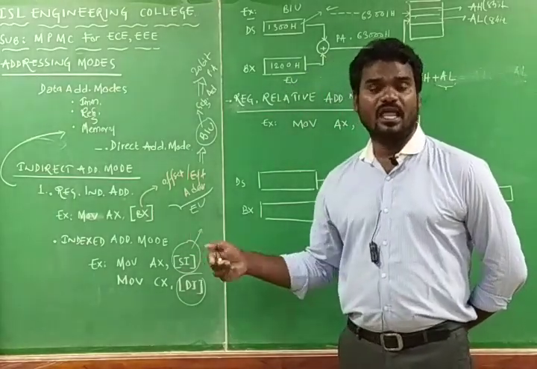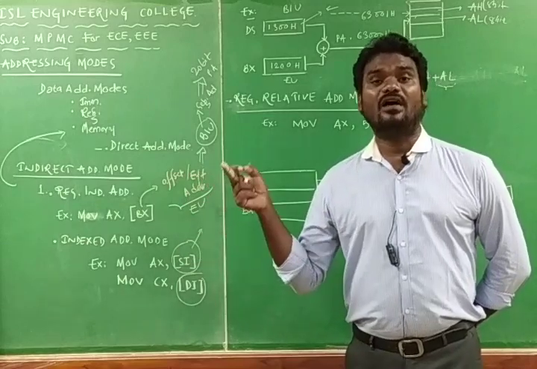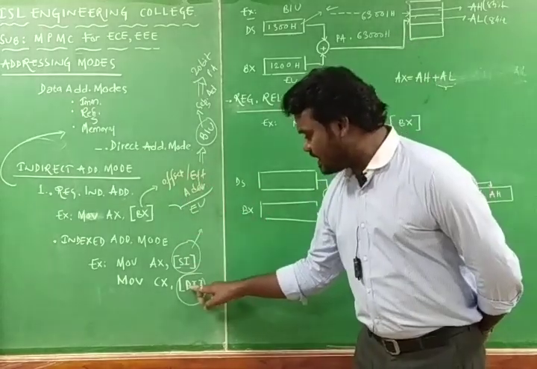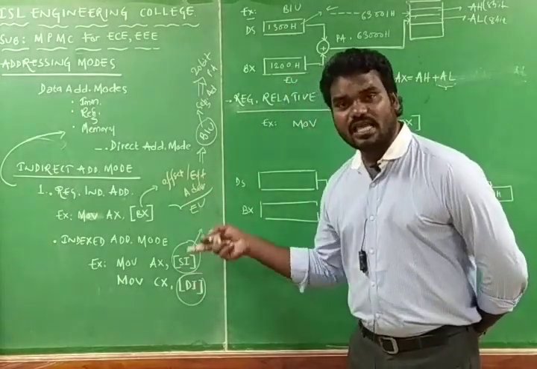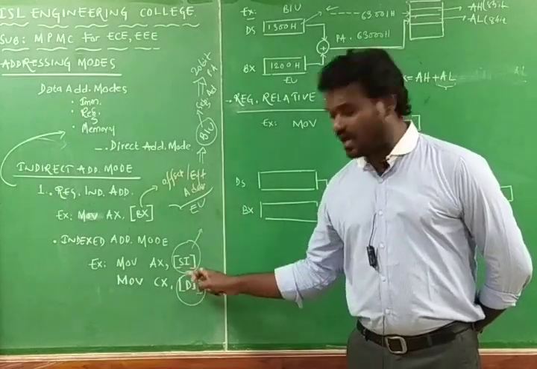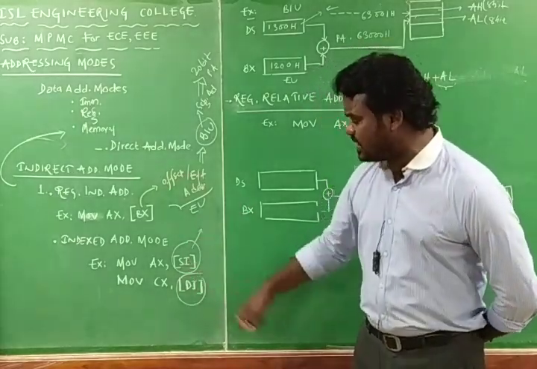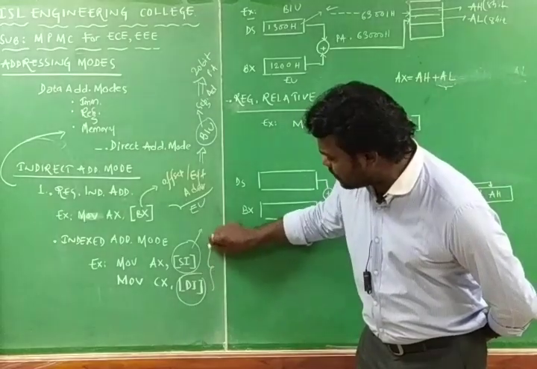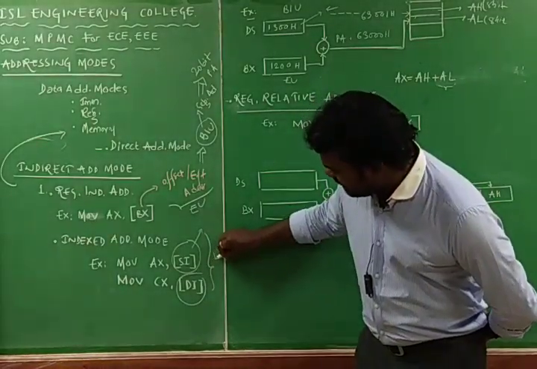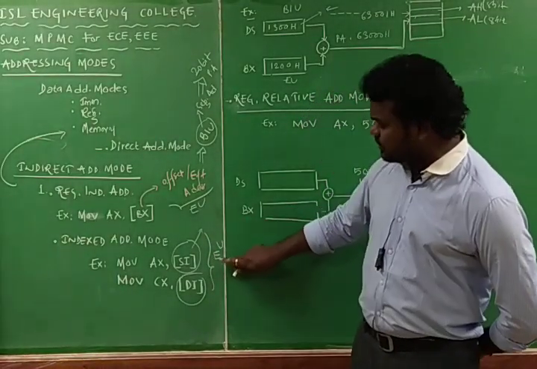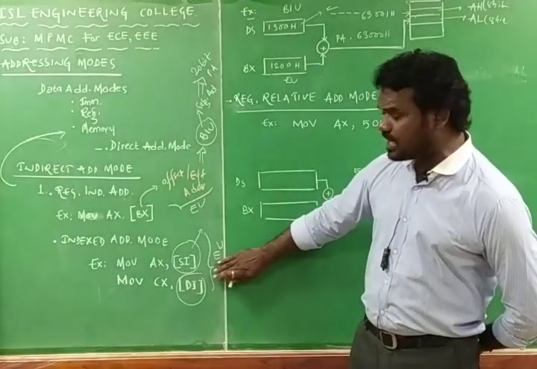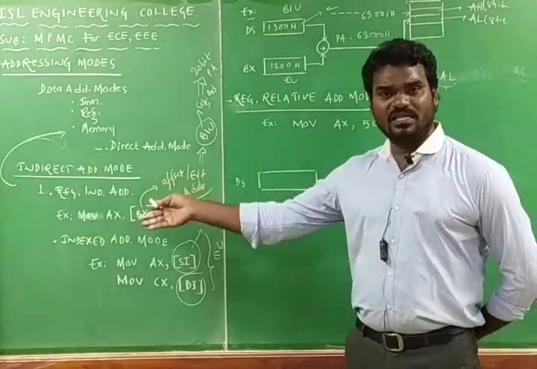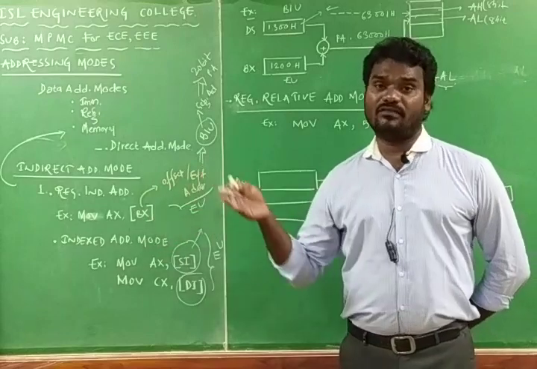This register holds the offset address, and the destination index register also holds a 16-bit offset address. These two hold the offset address in the execution unit, so that this offset address will be given to the bus interfacing unit, where we have the segment address.